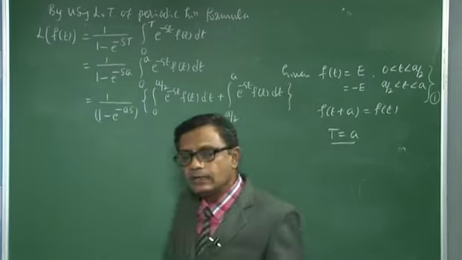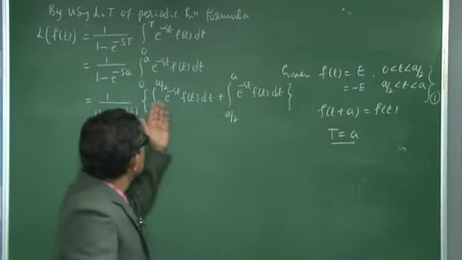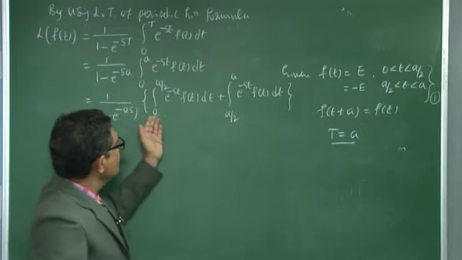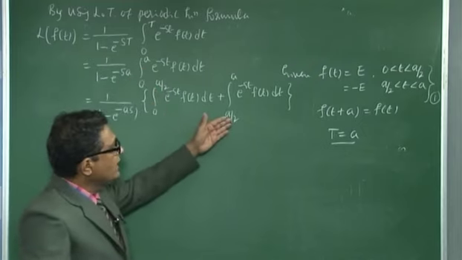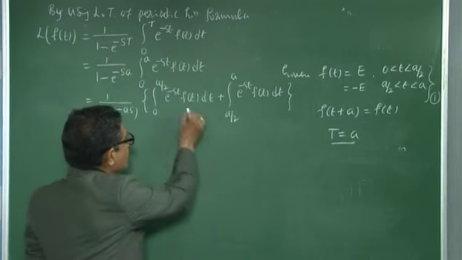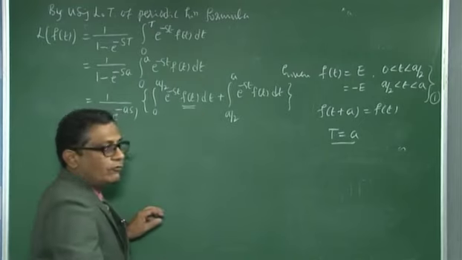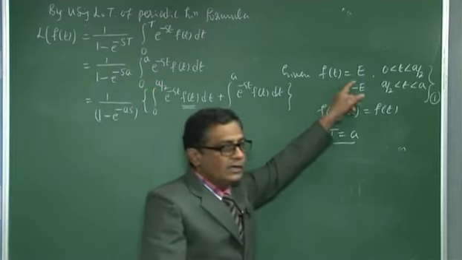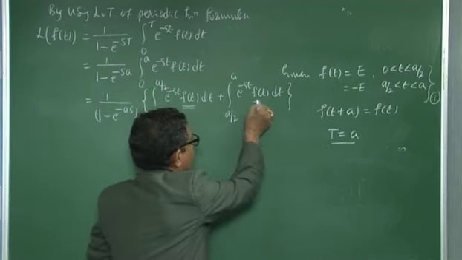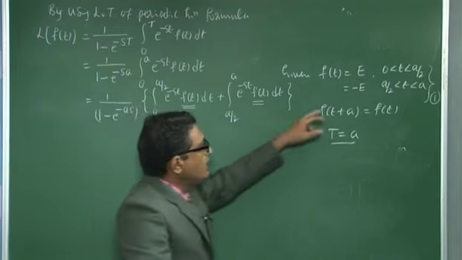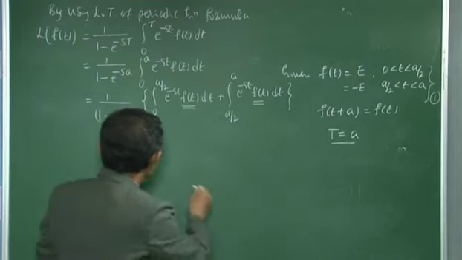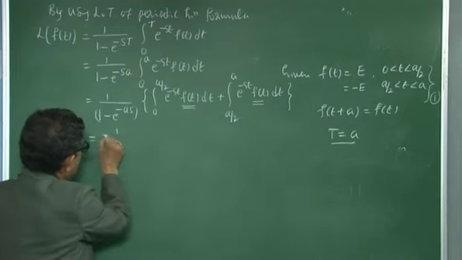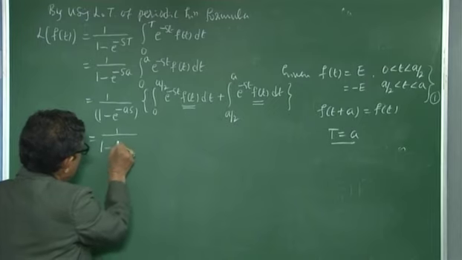You have split the interval 0 to a as 0 to a by 2 and a by 2 to a. Now substitute the value of f of t. In the interval 0 to a by 2 it is E, in the interval a by 2 to a it is minus E. Just substitute the corresponding value of the function.